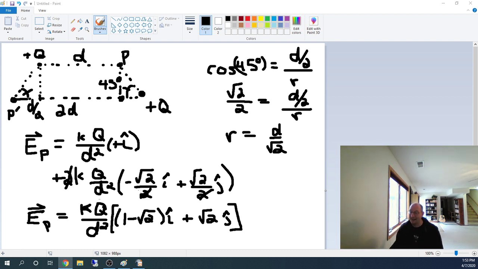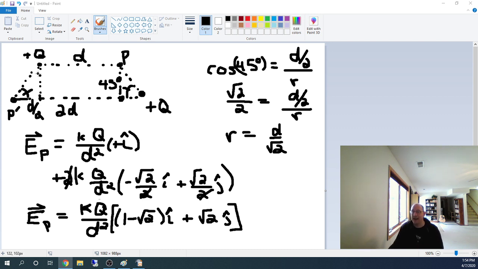That's why we get leftward and upward with equal components, because it's a 45-degree angle. So we're using the cosine of 45 and the sine of 45. Cosine of 45, root 2 over 2. Sine of 45, also root 2 over 2. Okay, so I'll pause and see if there are any questions on that one.